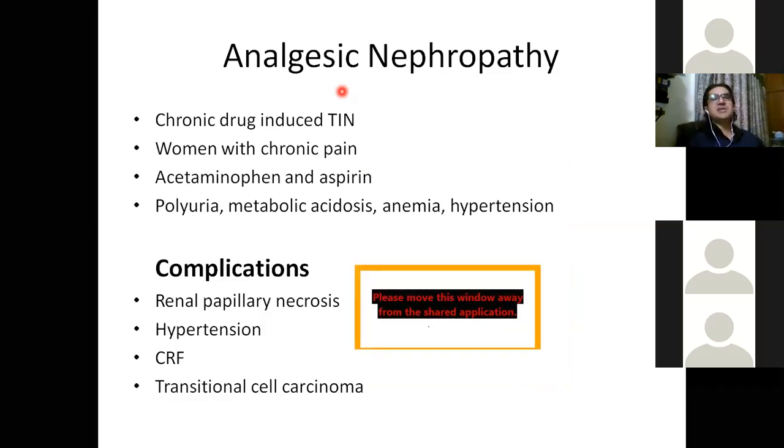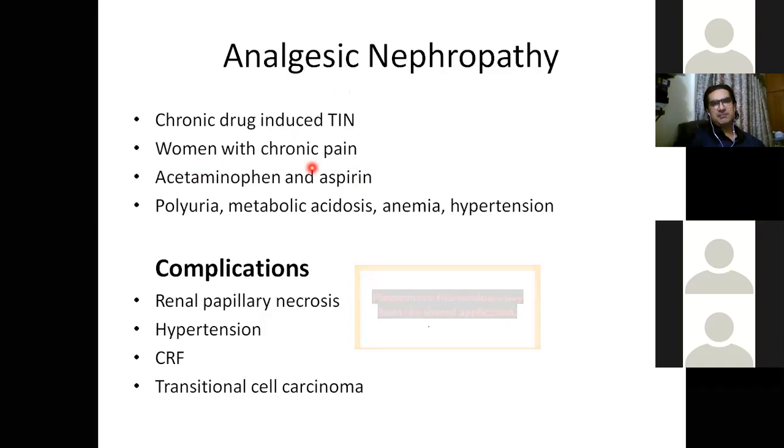So all these patients with chronic pain disorders, right, or patients with migraine, any chronic pain disease, they need a combination of analgesics. And a typical combination is acetaminophen and aspirin. So this typical combination of acetaminophen and aspirin causes analgesic nephropathy, right?